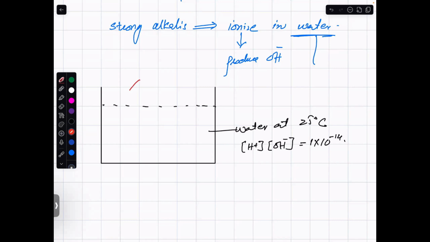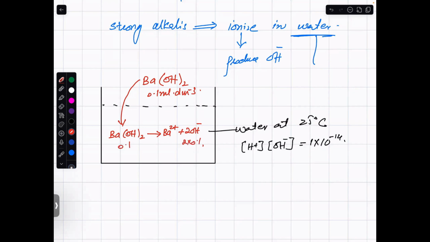When you add, suppose, barium hydroxide, 0.1 mole per dm cube, this barium hydroxide ionizes, producing OH. The 0.1 will produce 2 times OH.